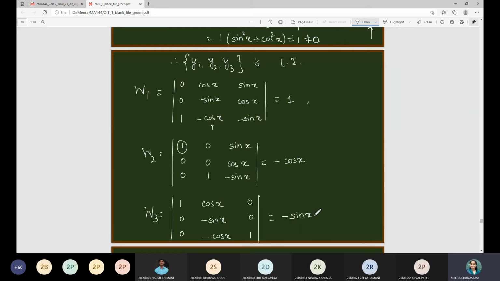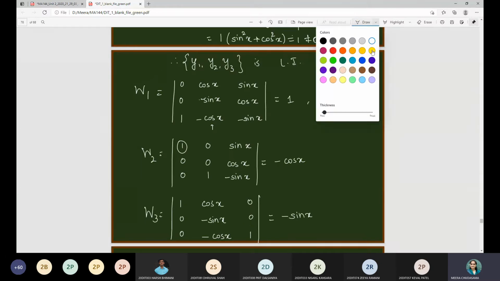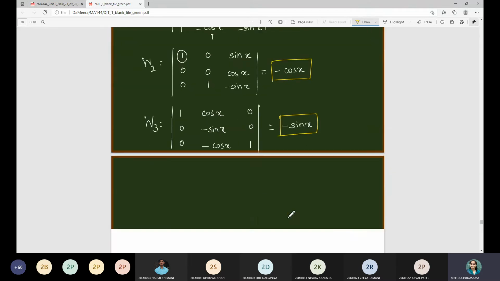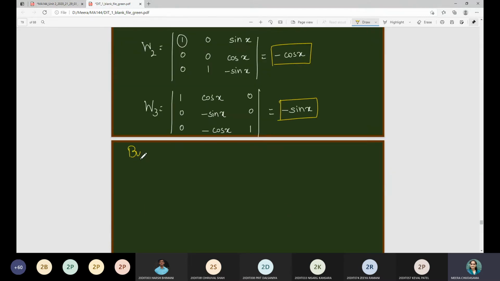Right. Now we are able to get the formula for which we have to substitute all these values. By the method of variation of parameters, we have yp, that is, a particular integral.